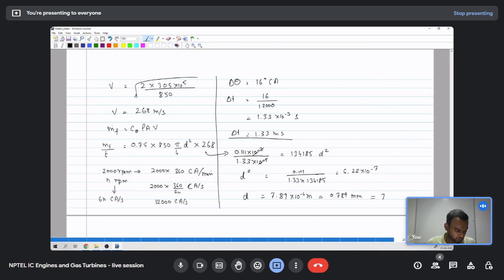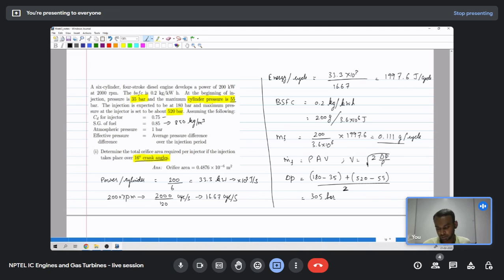Which is 789 micrometer. So this is the diameter of the injector orifice to get this power output when the PSFC is given as 0.2 kilogram per kilowatt hour.